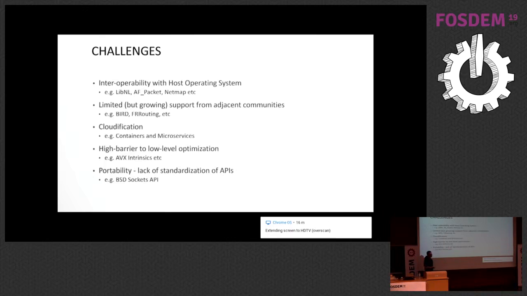And then finally, our last challenge is really the portability and lack of standardization of APIs, in that we have a huge community, but we have very few standards within that community.